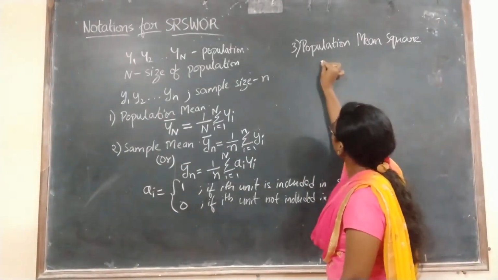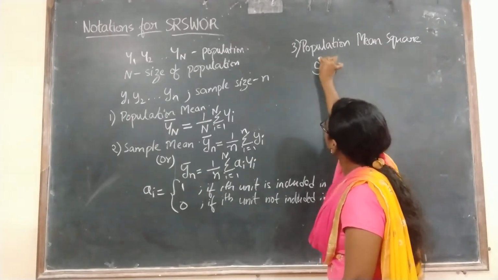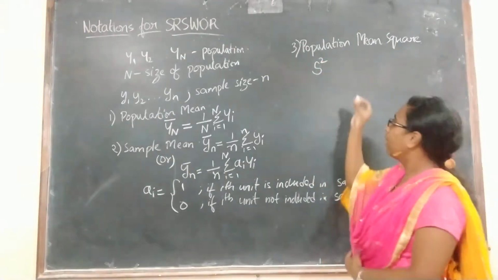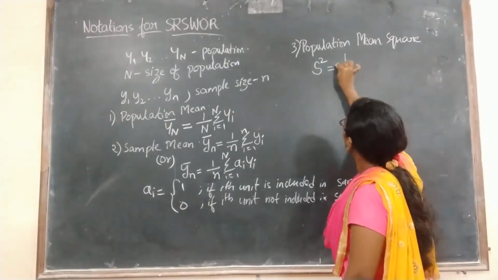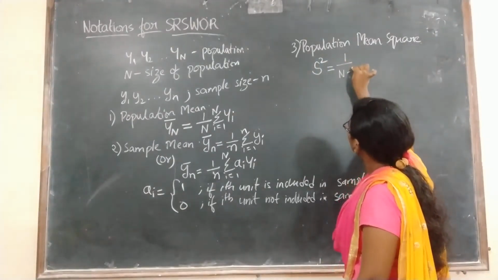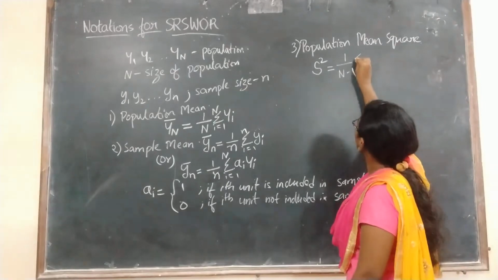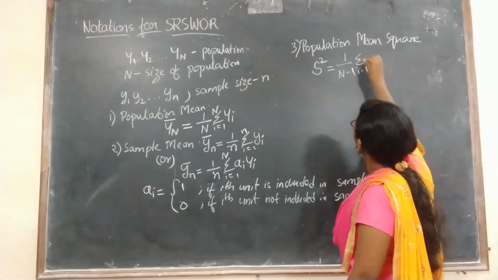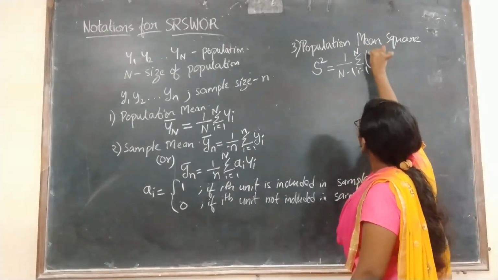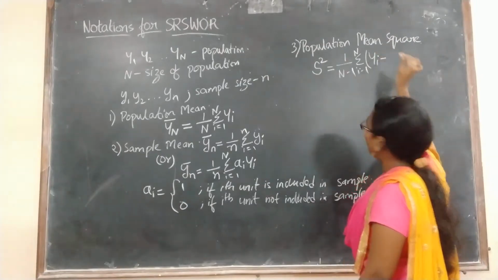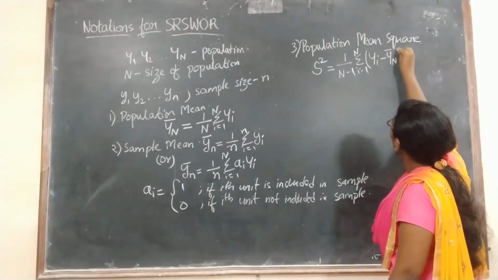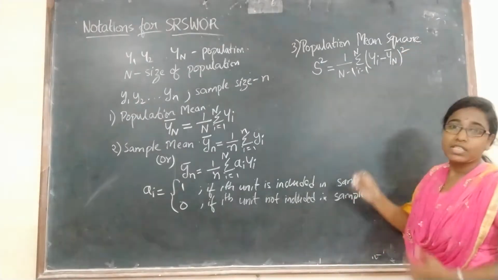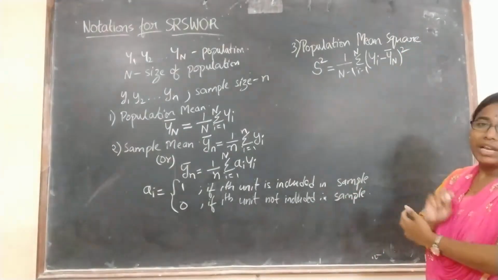So population mean square is denoted with capital S square and is given as S square equals 1 by N minus 1 summation i equals 1 to capital N, yi minus y N bar, whole square.